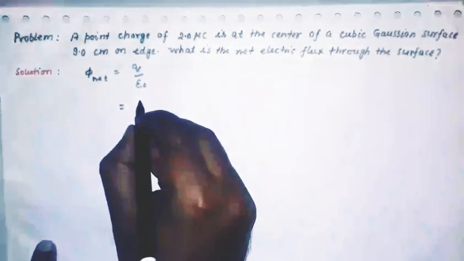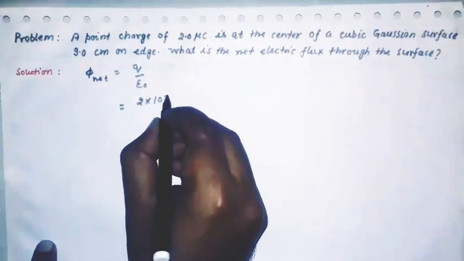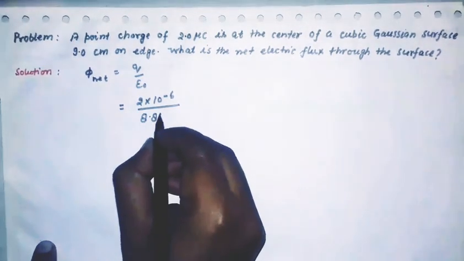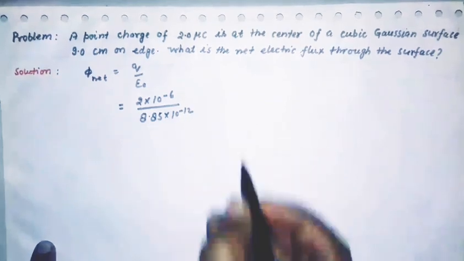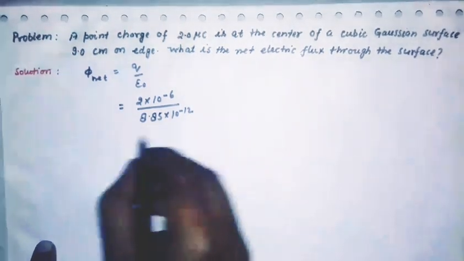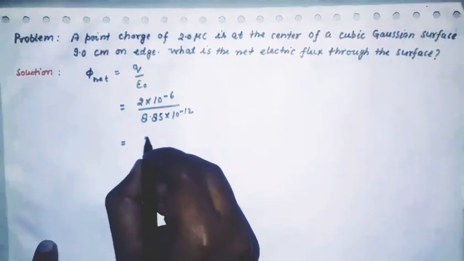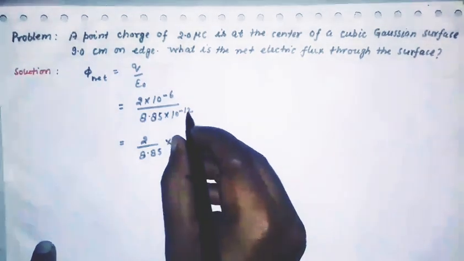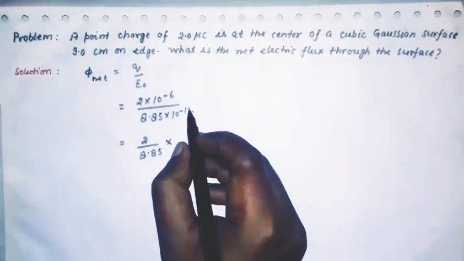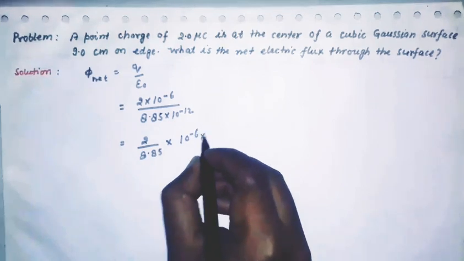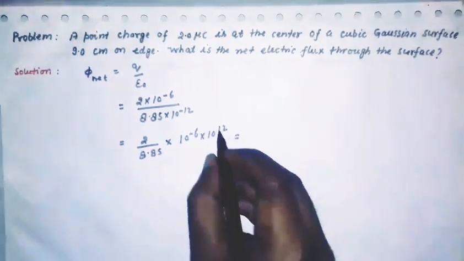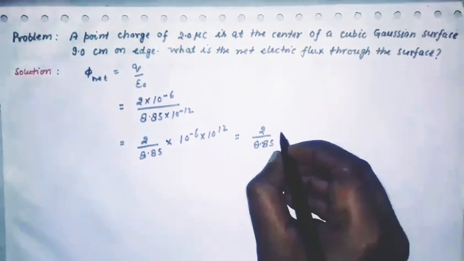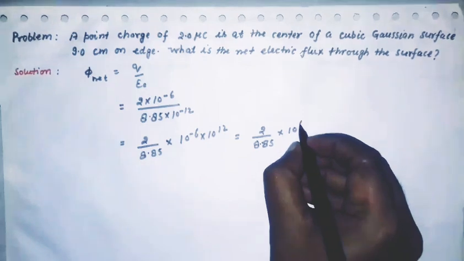This is 2 microcoulomb, so convert it into coulomb: 2 into 10 to the power minus 6 coulomb, and this quantity will be divided by 8.85 into 10 to the power minus 12. It can be written as 2 upon 8.85 into 10 to the power 12 minus 6, which is 10 to the power 6.